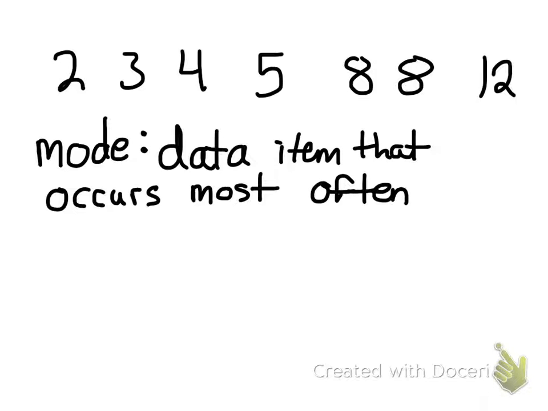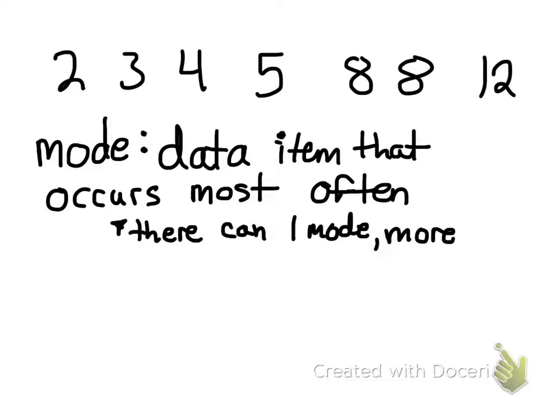So if each number is written only one time, then there really is no mode. If there's one number that's written the most, there can be one mode. You can have more than one mode if you have 2 numbers that are written twice and all the rest of the numbers are written once.